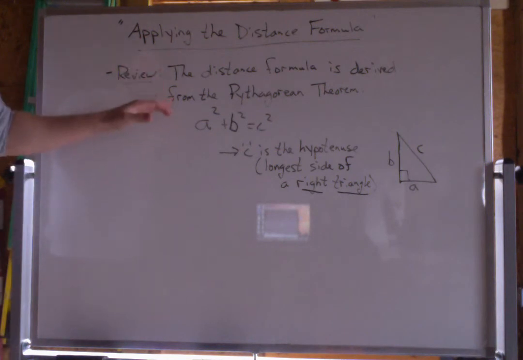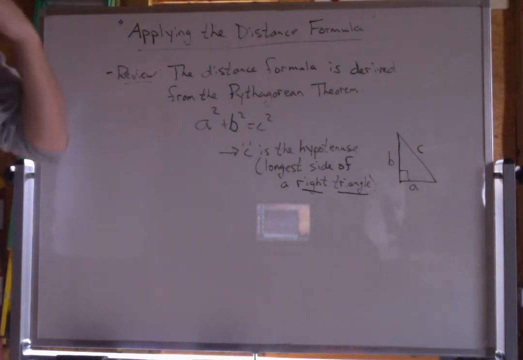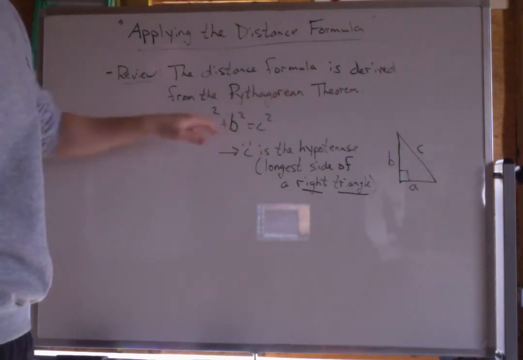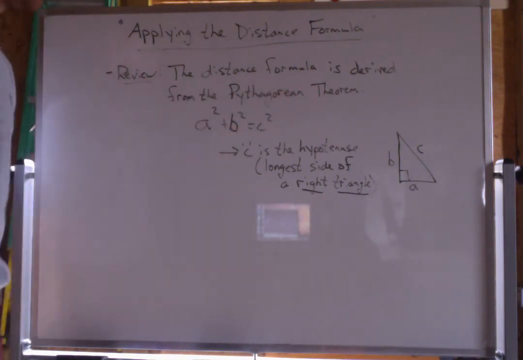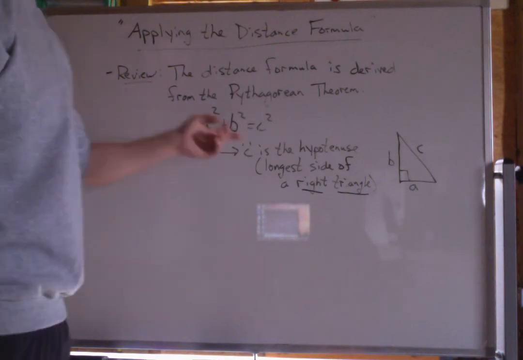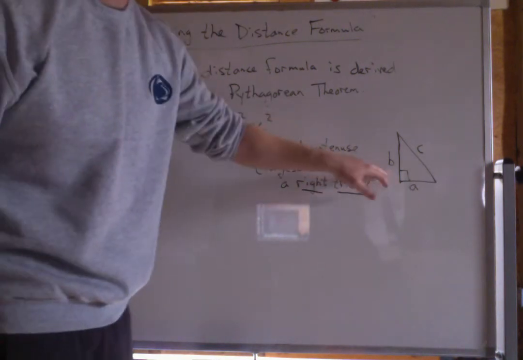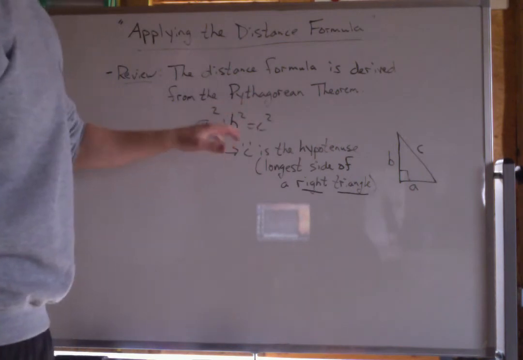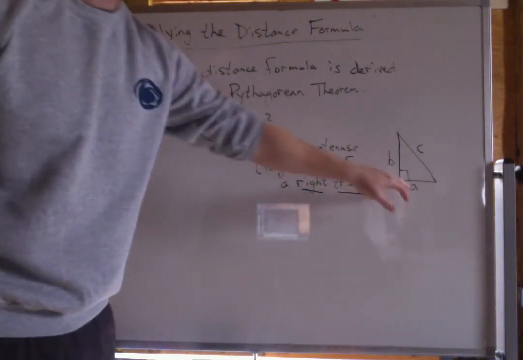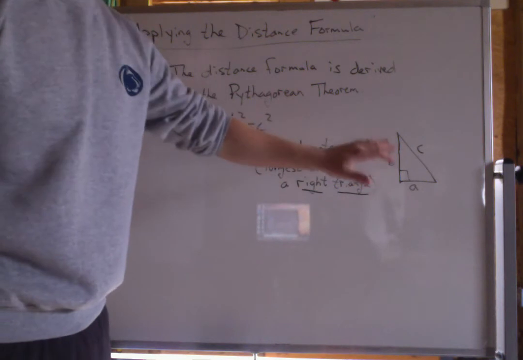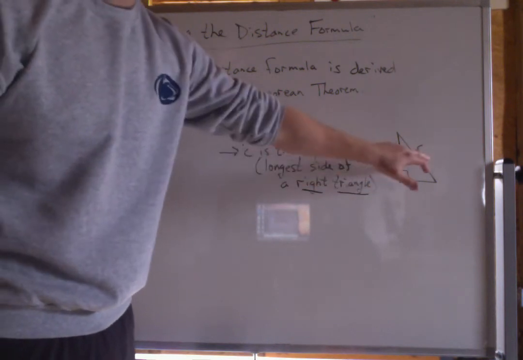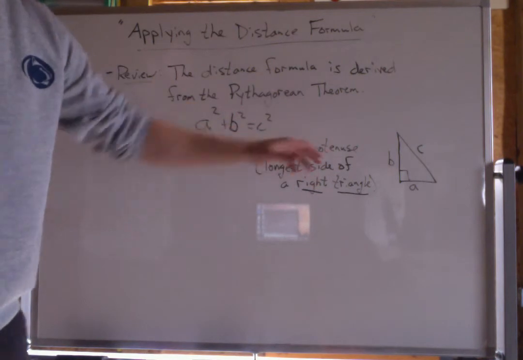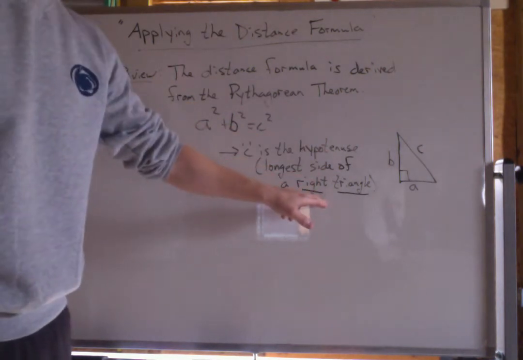As you remember, I'm sure, from past classes, very likely in junior high, the Pythagorean theorem is a squared plus b squared equals c squared. And the a, b, and c represent side lengths of a right triangle. If I square and add the two shorter side lengths, and the sum equals the square of the longest side, which, if you remember, is called the hypotenuse, that means we have a right triangle.